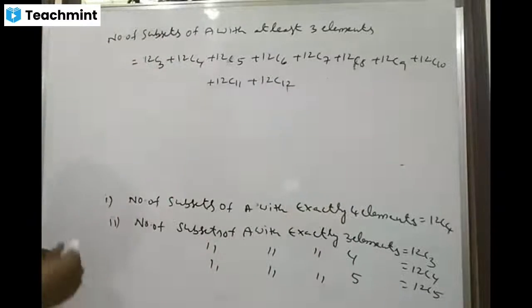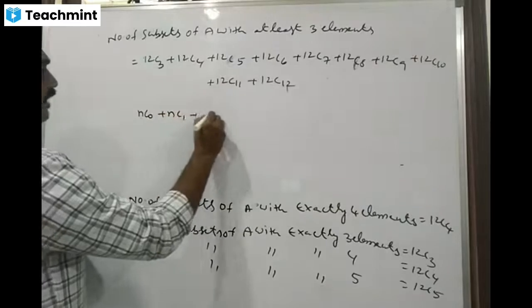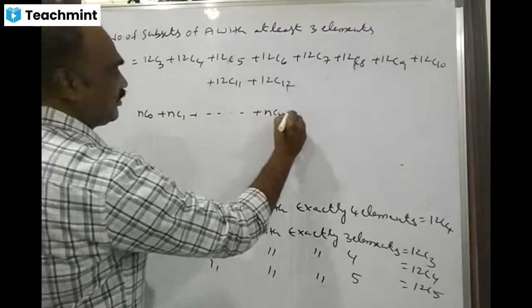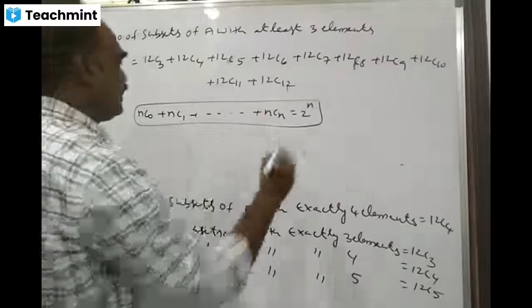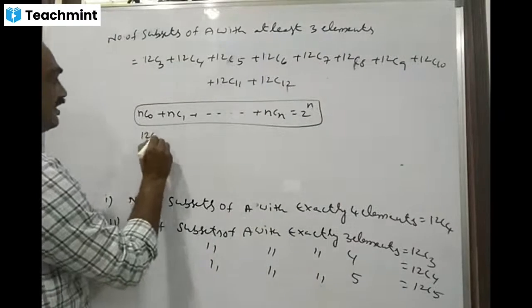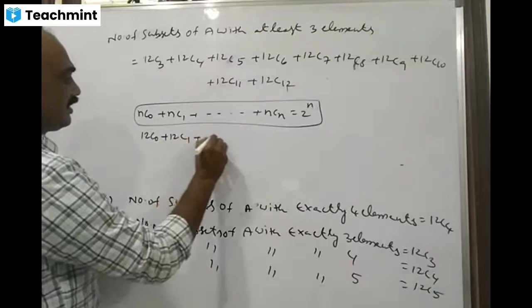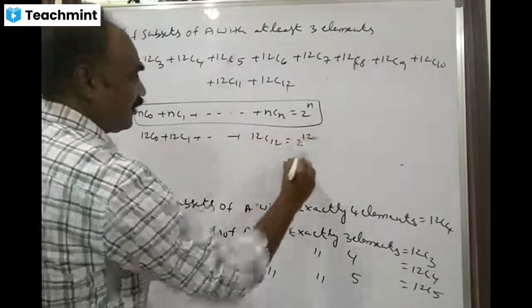Friends, nC0 plus nC1 plus up to nCn is equal to 2 power n. So 12C0 plus 12C1 plus up to 12C12 is equal to 2 power 12.